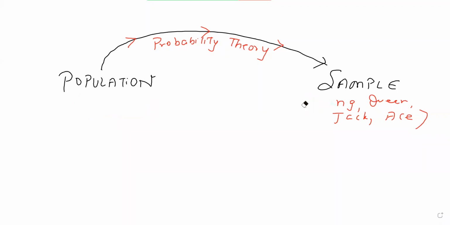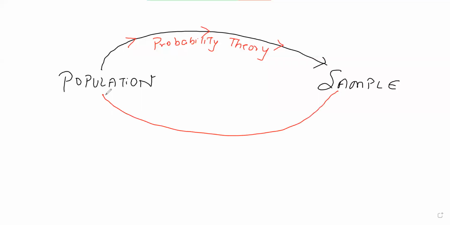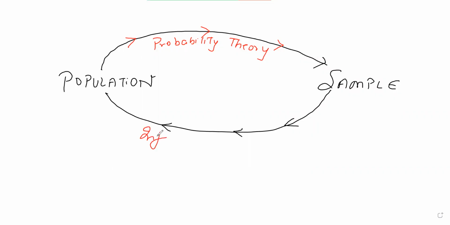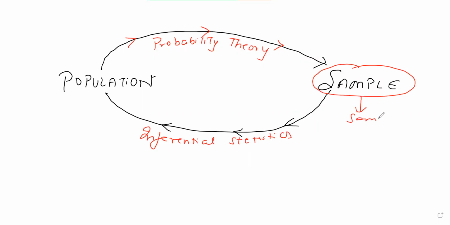On the other hand, when you go from sample towards population in this direction, this is called inferential statistics. Because you know the sample. For example, I know what's the sample mean.